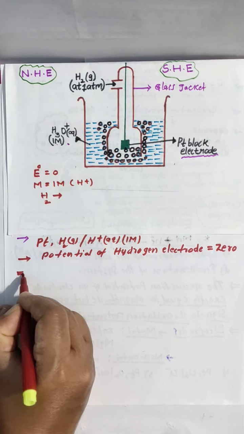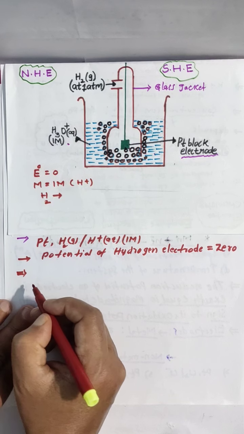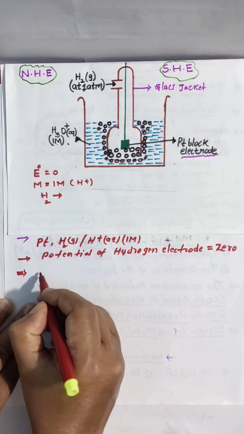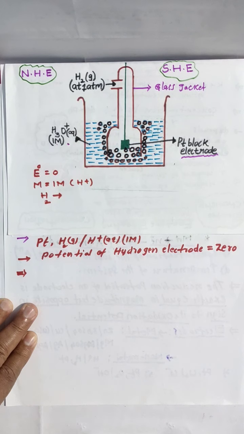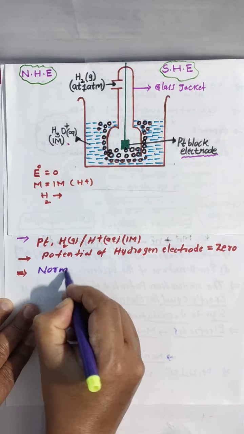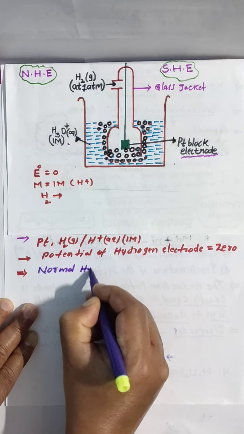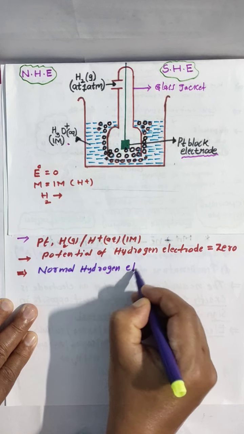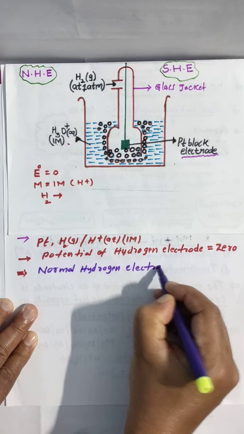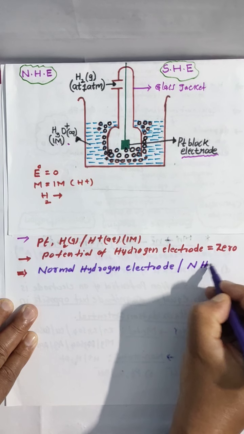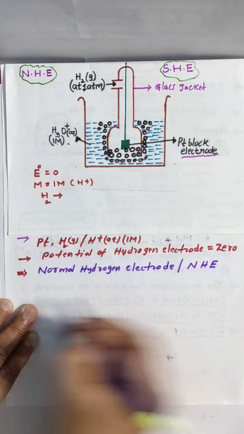This hydrogen electrode we also call by another name, the normal hydrogen electrode, NHE.